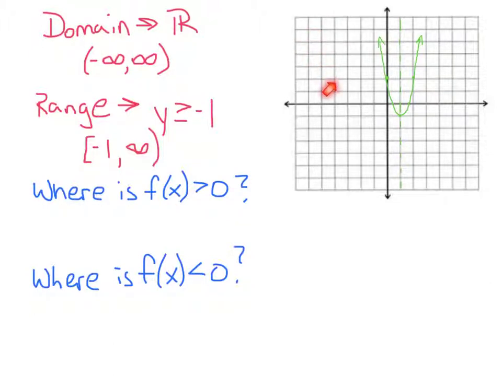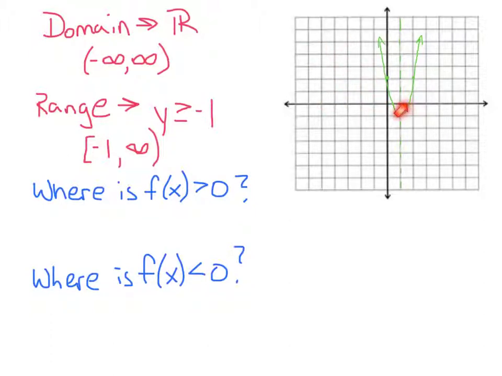You can think of a function as an input-output table, and we're just plugging in any single x value that we want, because all real x values are going to be good for us. As we plug in these x values, is it going to return a y value that's positive or negative? Again, y values are positive in the first and second quadrant. As we go along, you should notice that to the left of this zero, all y values returned are positive.